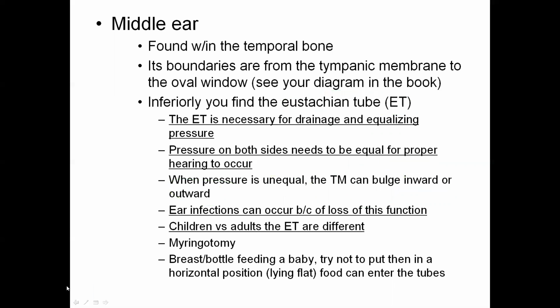You can assess this by looking into someone's ear, and then you can tell what's going on. If the equalization of pressure problems, especially along with infections, keep occurring, then they might add ear tubes. It's called a myringotomy.